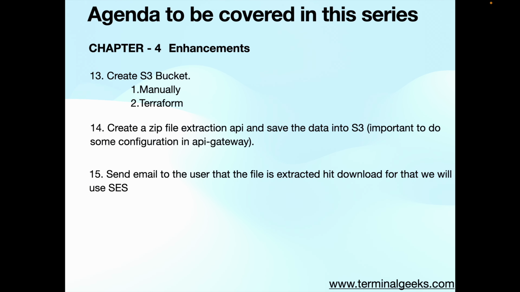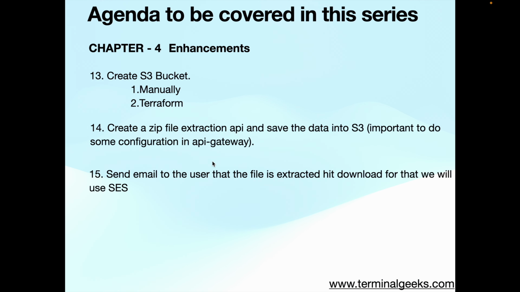What we are going to cover in this: we will create an S3 bucket, and then we'll take a zip file. We will create an extract API on the application and save the data into S3. This is important because we have some configuration to do in the API gateway. That's why I have taken the zip file.